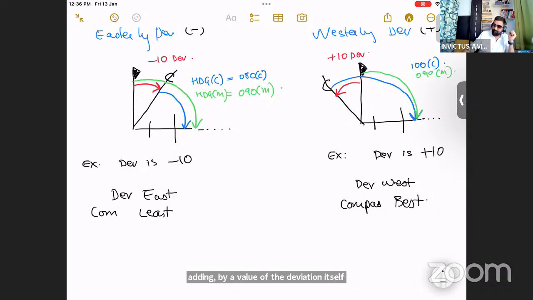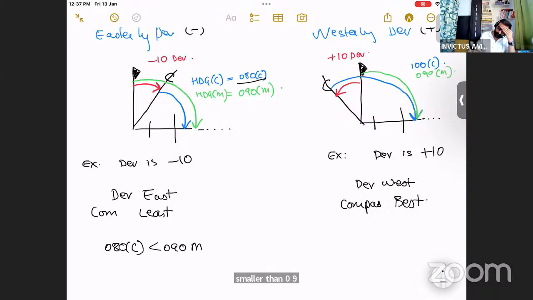Then you compare. My deviation is east. Yes. Is my compass least? Yes. 080 is lesser than 090 stands true. So here it means 080 compass is least or smaller than 090 magnetic.